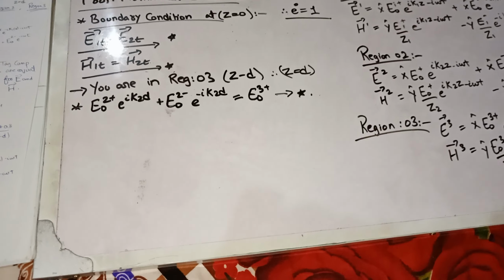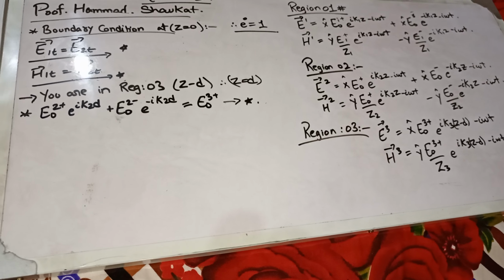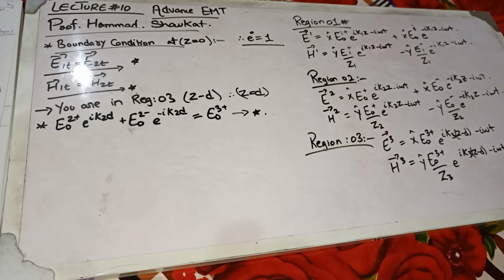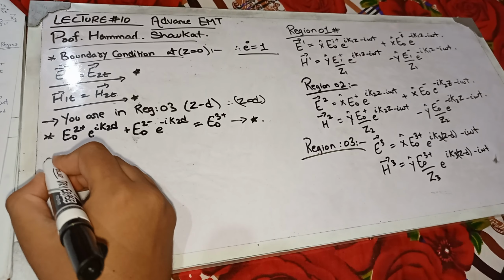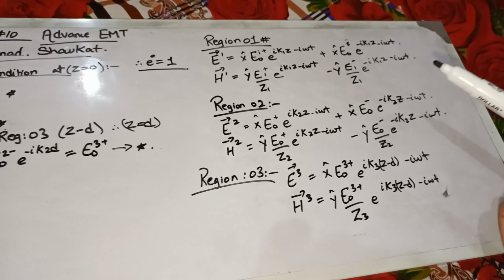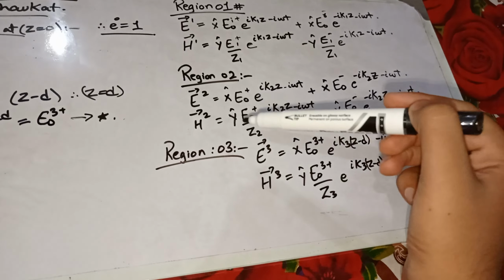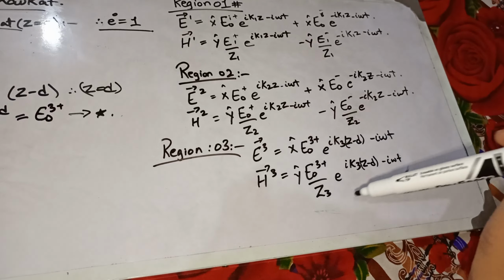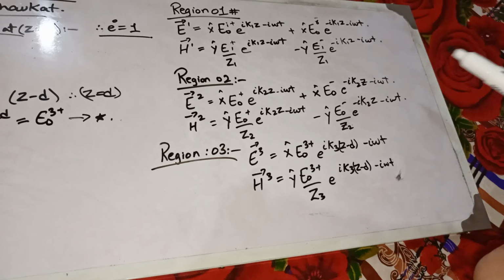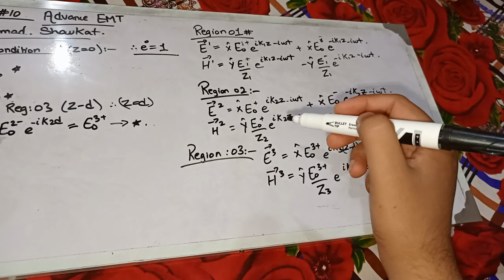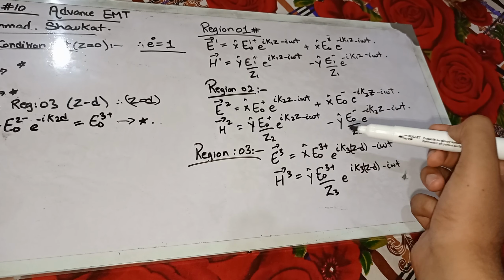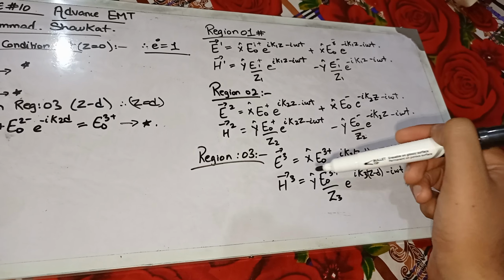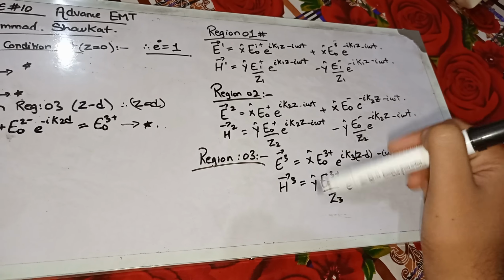Now you have to find the magnetic field for this boundary condition z equals d. How can you find it? Again, you put z equals d in this equation and in this equation too. After putting it in, first take this y cap common from this equation, and y cap from this region cancels each other.